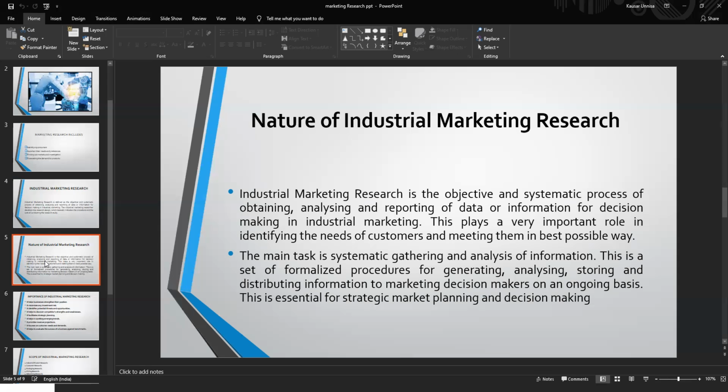Industrial marketing research helps people identify the market opportunities and constraints, and the strategies to evaluate the effectiveness of marketing plans.